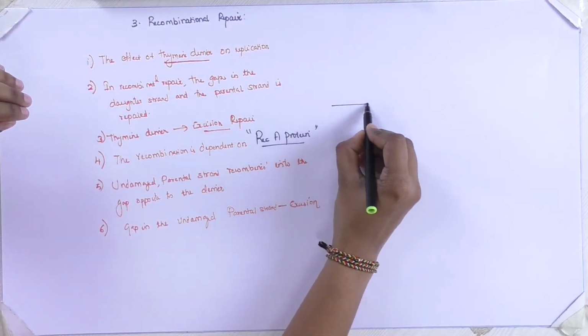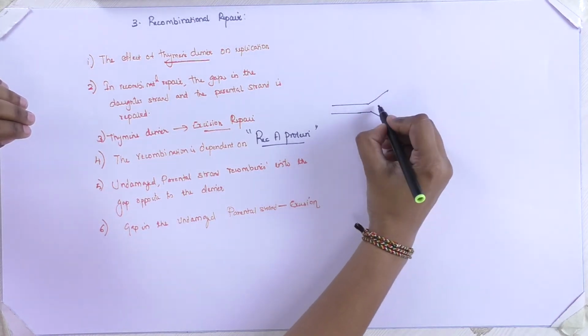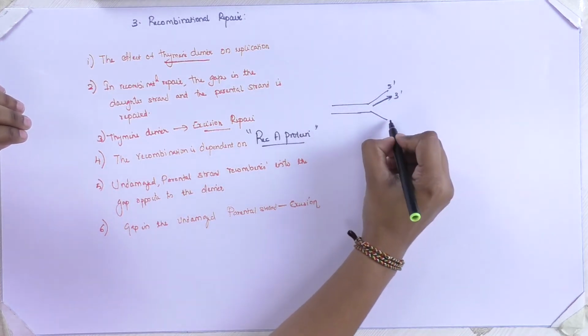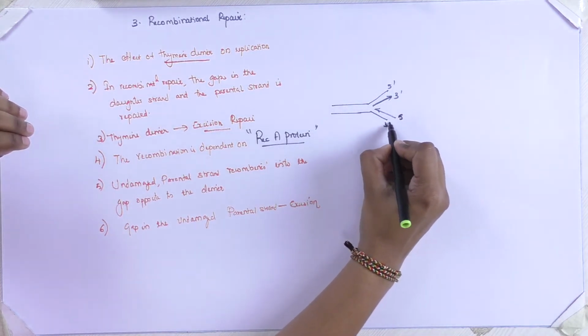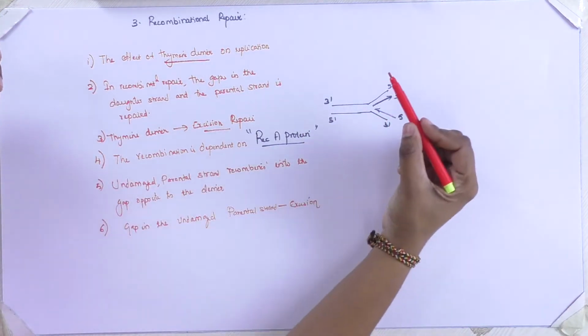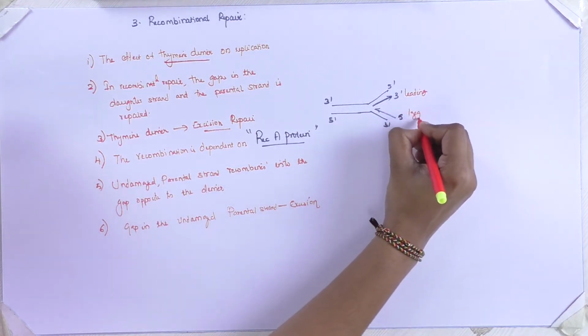So you can take this as a DNA. You all know about the leading strand and the lagging strand synthesis during the replication process, right? So 5 prime, 3 prime, 5 prime, 3 prime. Leading, lagging.